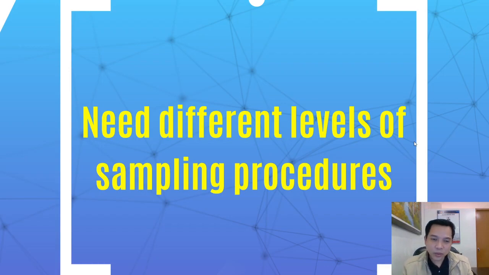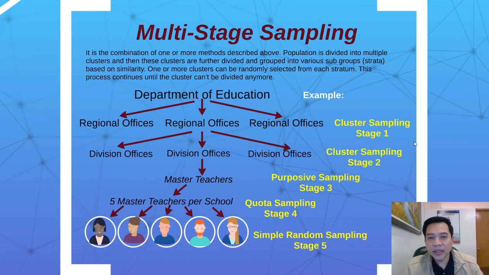Then this is what we call multi-stage sampling. In multi-stage sampling, you can incorporate the previous sampling procedures that we have discussed. You can incorporate probability sampling and non-probability sampling until you arrive at the direct participants of your study.